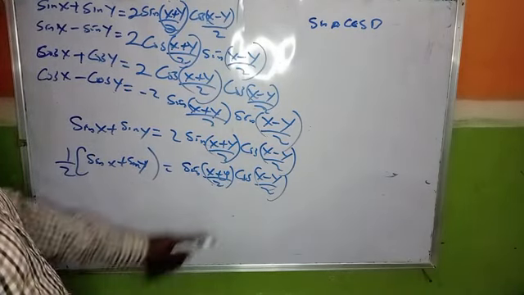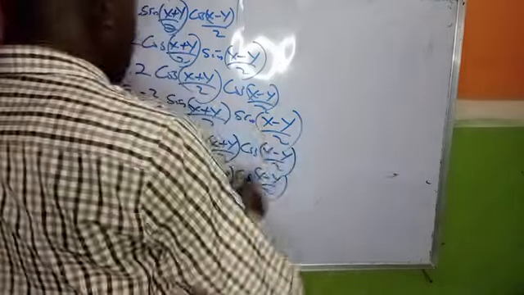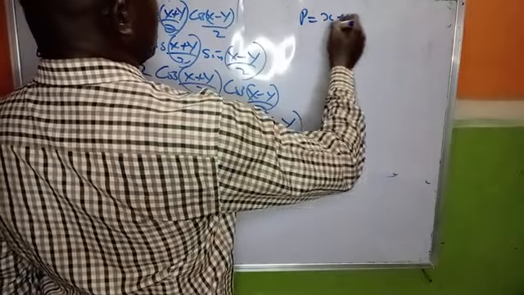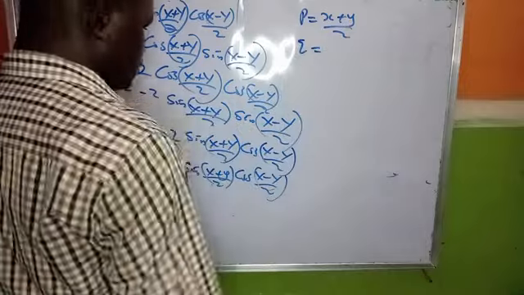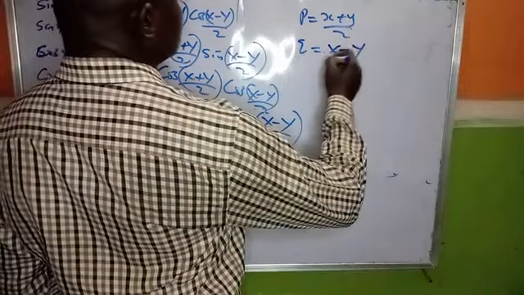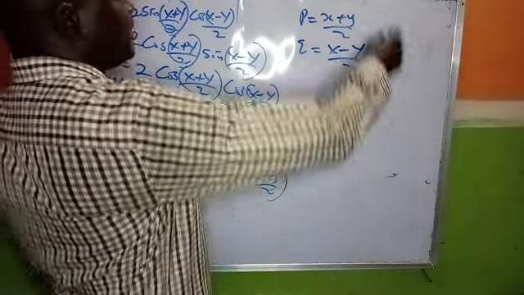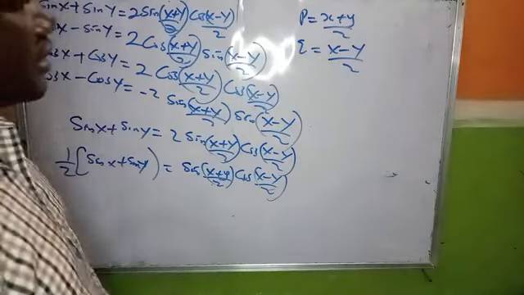So what I'm saying is, if p equals (x plus y)/2 and q equals (x minus y)/2, we want to find the values of x and y in terms of p and q.